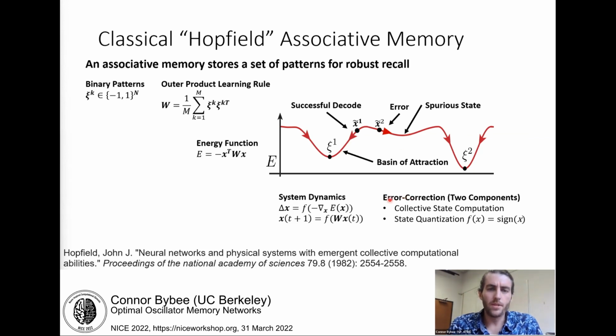So then you see that error correction has two components, one of collective state computation through the synaptic weight matrix, where information is passed around through the network to perform cleanup, and then locally in the form of the nonlinear activation function, here the state quantization.